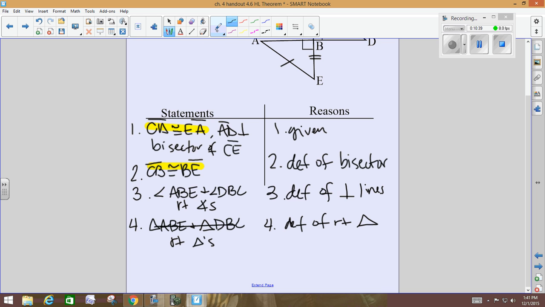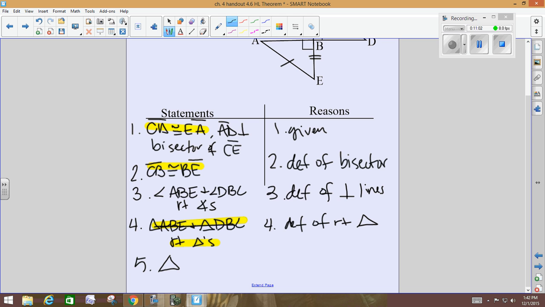Oops. I didn't mean to strike through it, I meant to highlight it. So we got the right angles because of the perpendicular lines. Then I can say I have right triangles because of the right angles. No, you have to tell me now that the triangles are congruent.